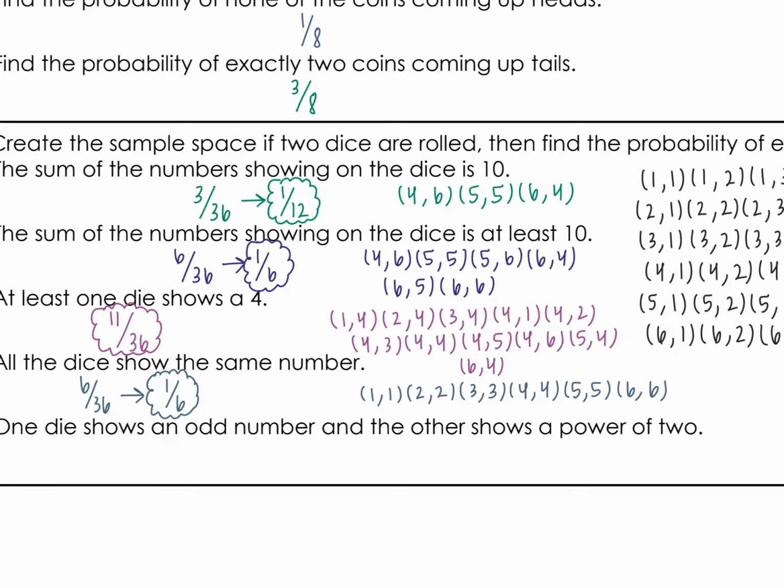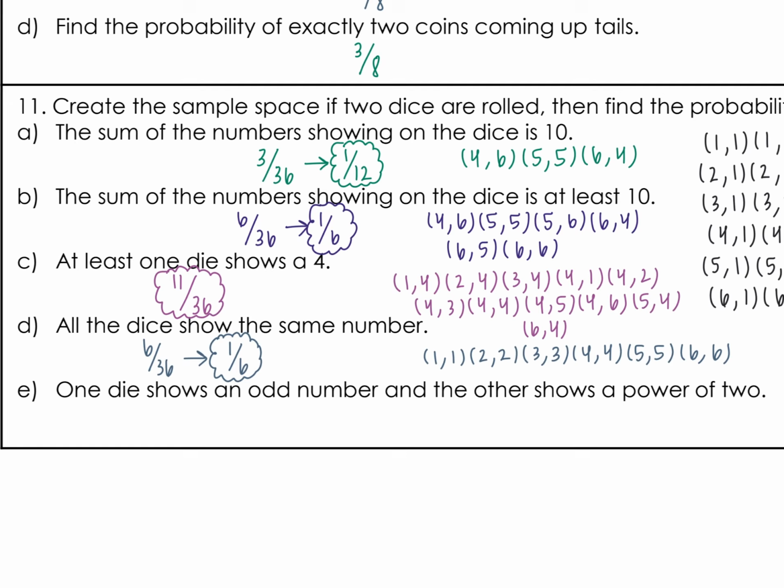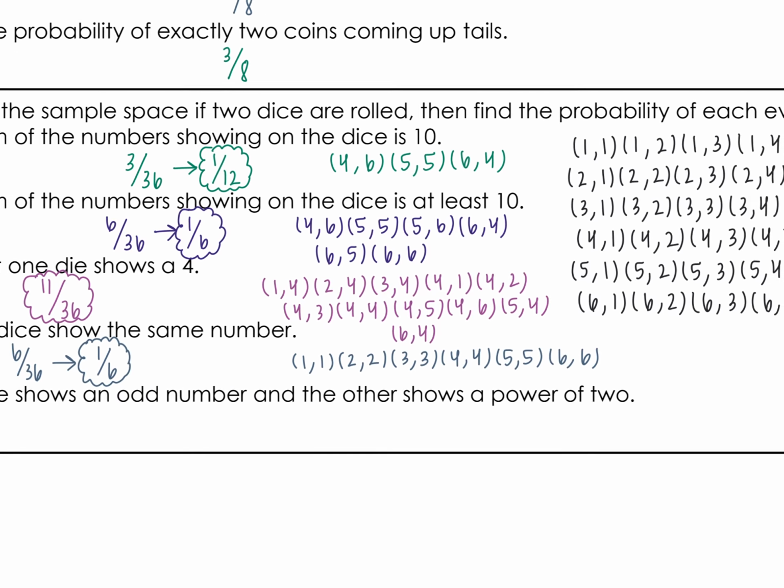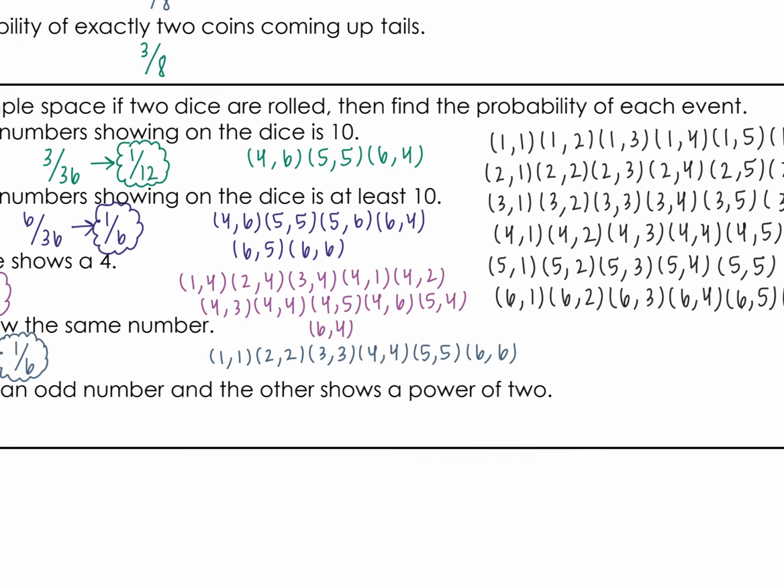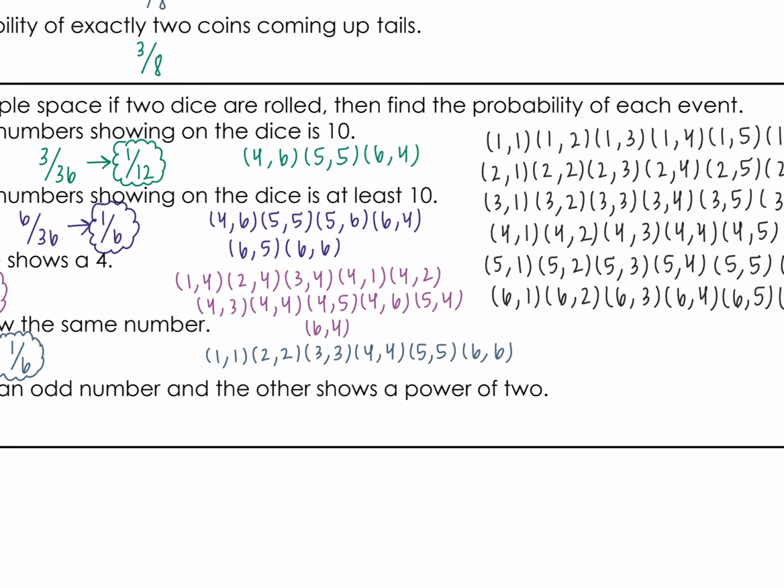And then for our final one, we have one die shows an odd number, and the other is going to show a power of 2. So to clarify, for that power of 2, we would have 2 to the power of 0, which is going to give me 1. 2 to the power of 1, which gives me 2.